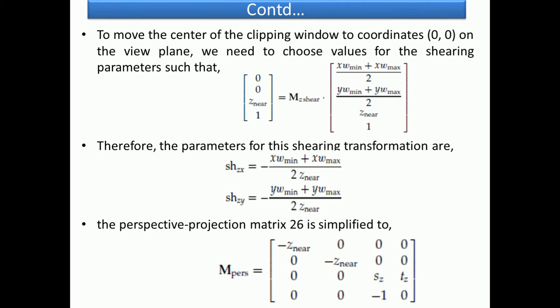So sz and tz are the scaling and translation parameters. I discussed these parameters in yesterday's class. The expressions for the z coordinate scaling and translation parameters will be determined by the normalization requirements.